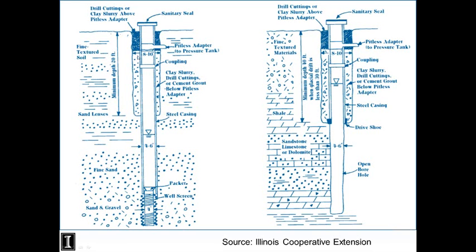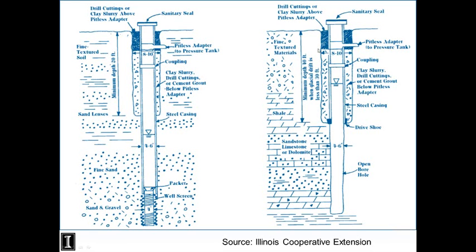You grout this, and you put a sanitary seal on top. And the slurry, this clay slurry they mentioned, is mostly clay or bentonite or sometimes cement, so that it protects around your well, because you've disturbed the soil, you're protecting from surface infiltration.